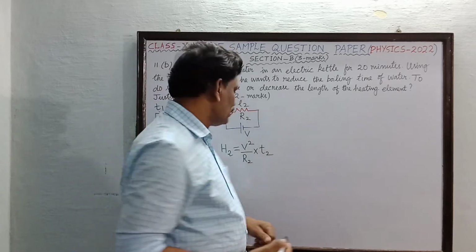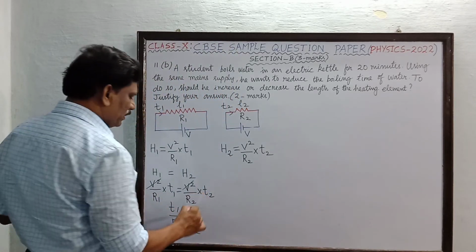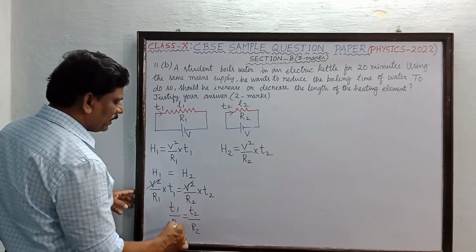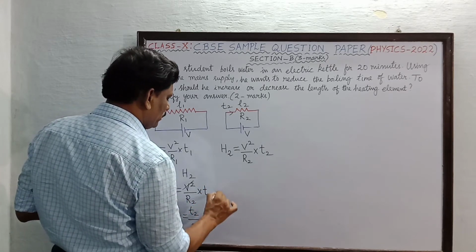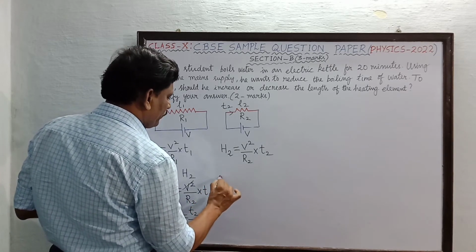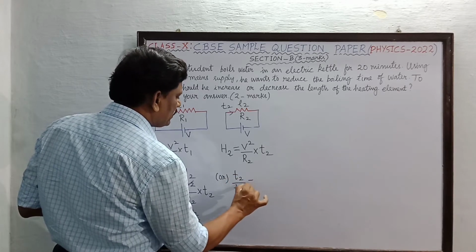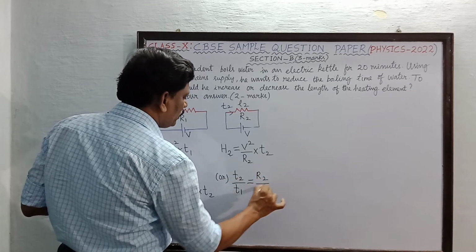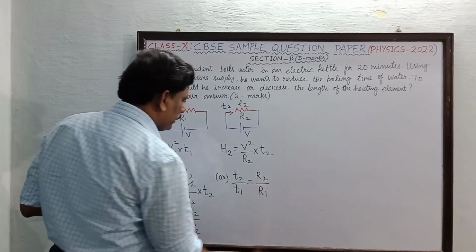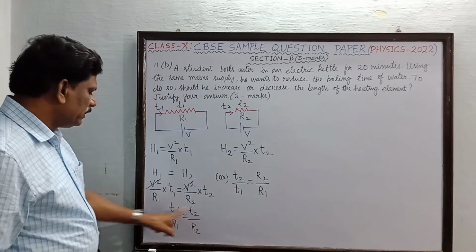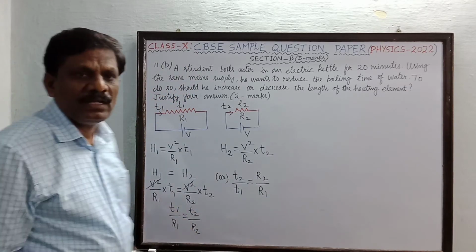Now I will take T2 by T1 is equal to R2 by R1. So T2 by T1 is equal to R2 by R1.